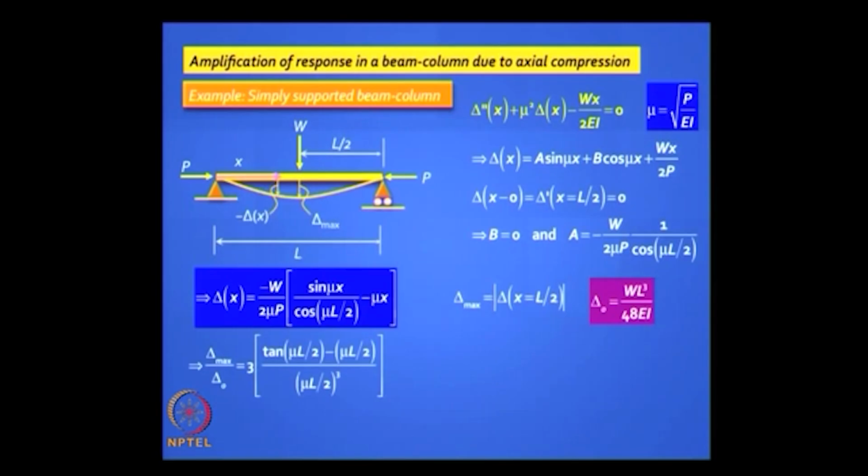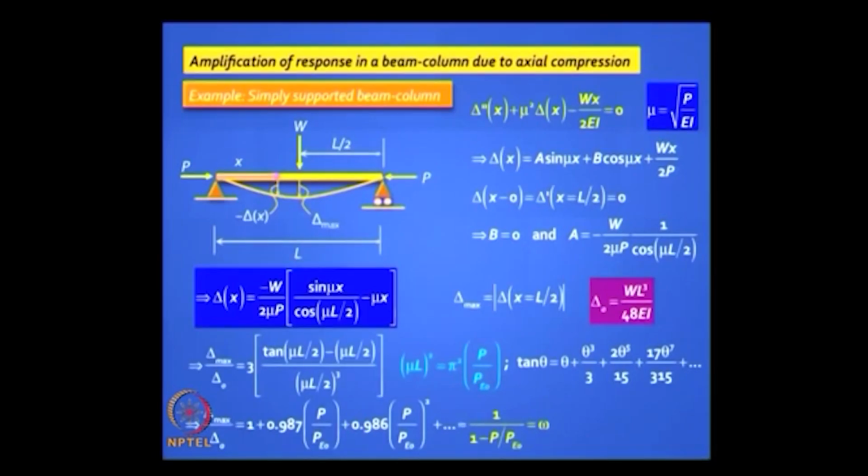What is that series called? The Taylor series, but in this case it is a Maclaurin series, right? So you expand it, also you expand mu L squared, and when you make those substitutions you can find out that that series approximates to exactly 1 divided by 1 minus P by PE naught. So that is a good guess. So it really turns out to be what you guessed, that omega.